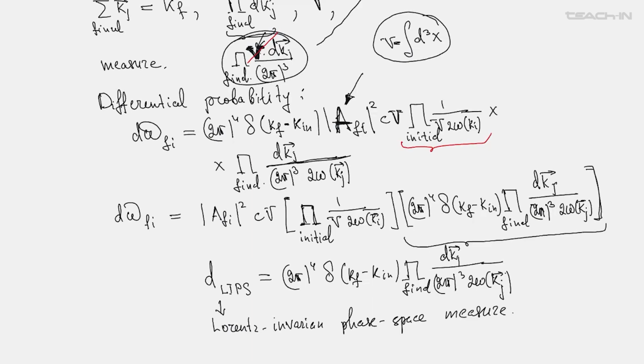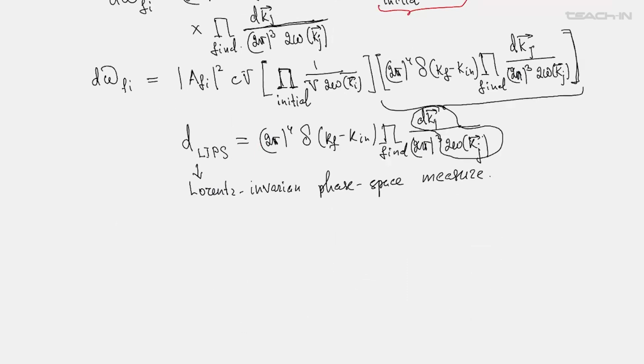That is because the delta function of k final minus k initial is a Lorentz invariant, and this combination of the differential dk_j divided by omega k_j is also Lorentz invariant. And the fact that it's Lorentz invariant, I think I mentioned in the first part of this course.